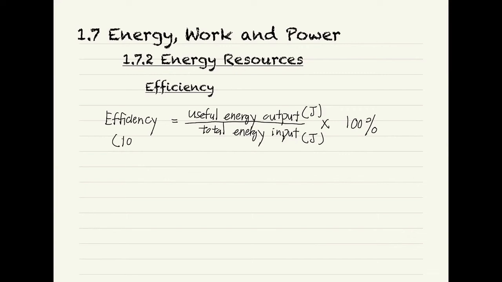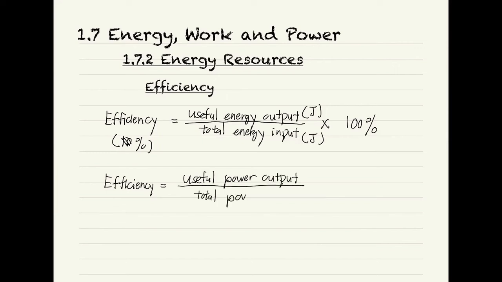Efficiency is %. The next formula for the efficiency is useful power output divided by total power input times 100%. Unit for the power output is watts, W. Power input, watt. Efficiency, %.